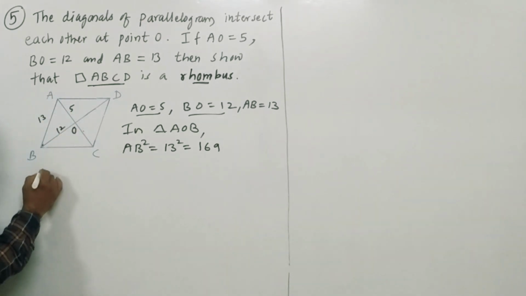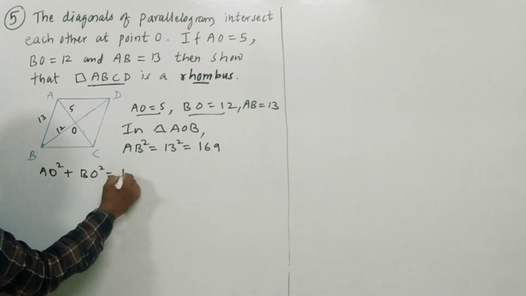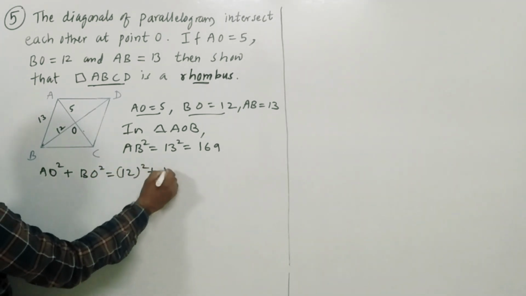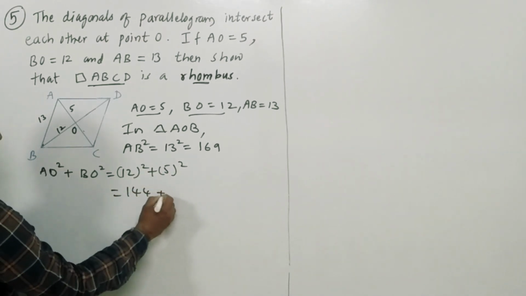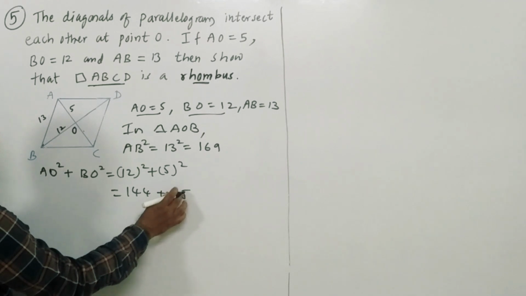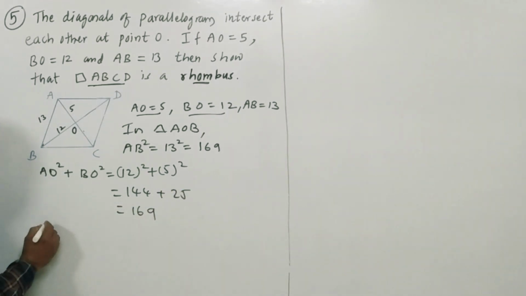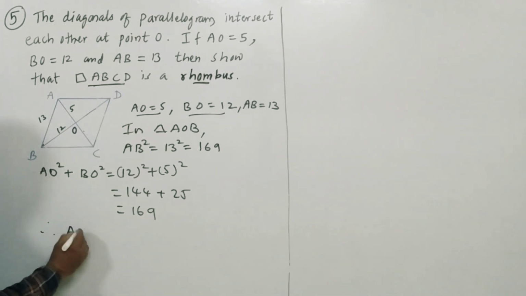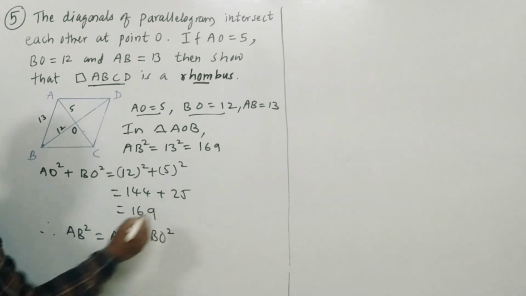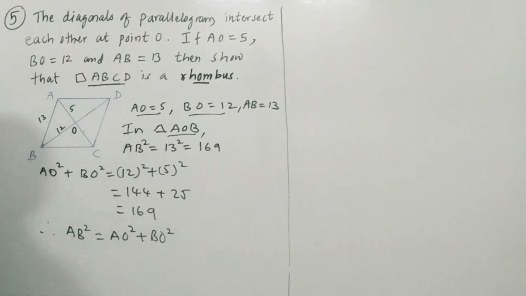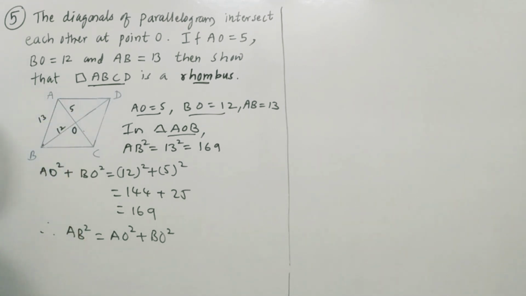In triangle AOB, this is the greatest side. AB square is equal to 13 square, which is equal to 169. Now AO square plus BO square is equal to 12 square plus 5 square, which is 144 plus 25, that is equal to 169. Therefore, we get AB square is equal to AO square plus BO square. So in triangle AOB, the greatest side square is equal to the sum of the squares of the other two sides.